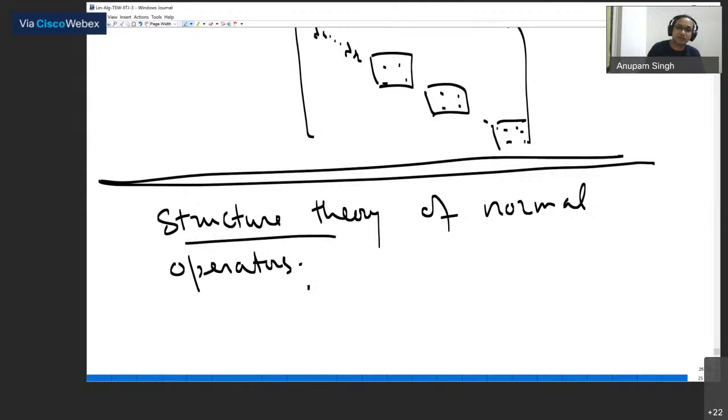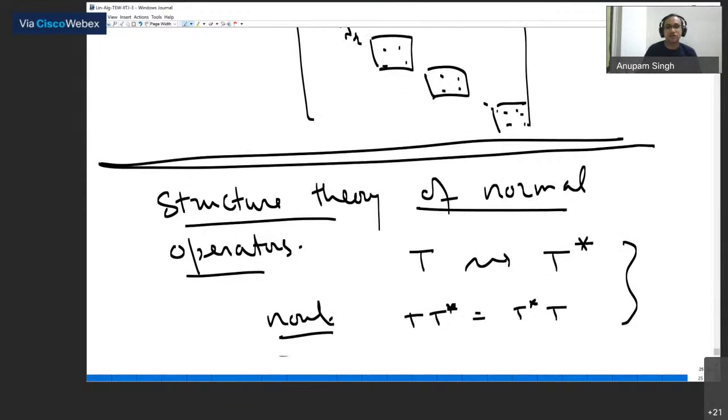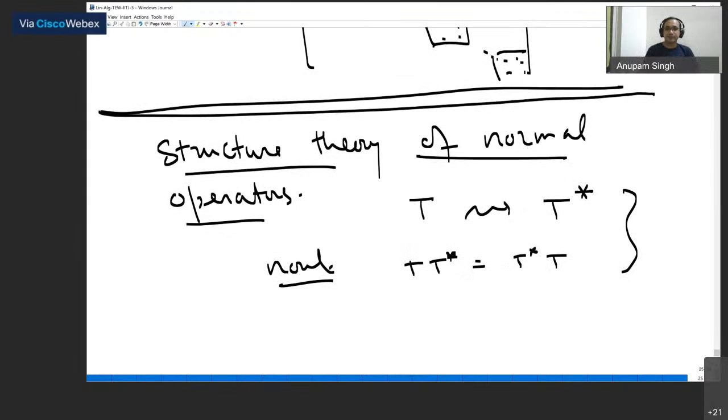To define a normal operator, we need to define the adjoint. Given T, there is a way to define the adjoint of T. And normal means T times T star is T star times T, right? For such operators, we will get some kind of structure theory, and this structure theory will lead to some interesting theorems.